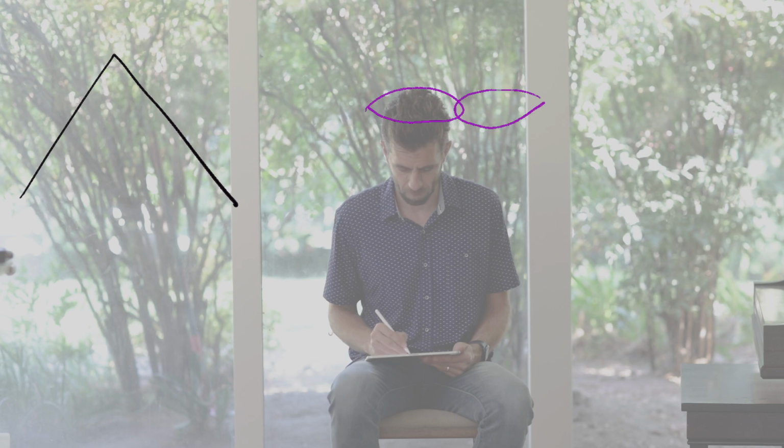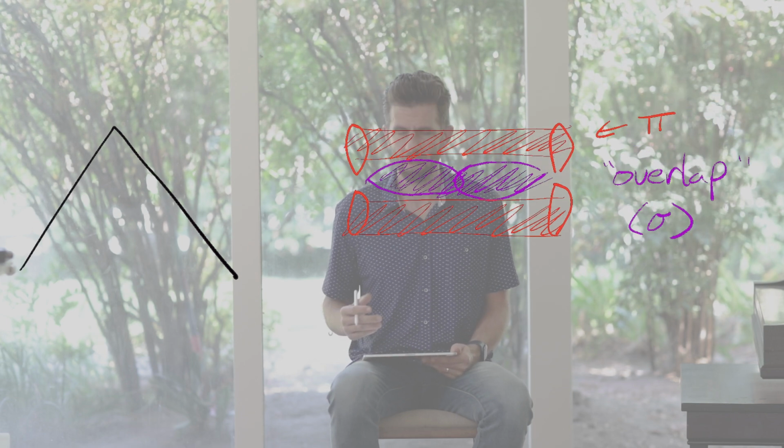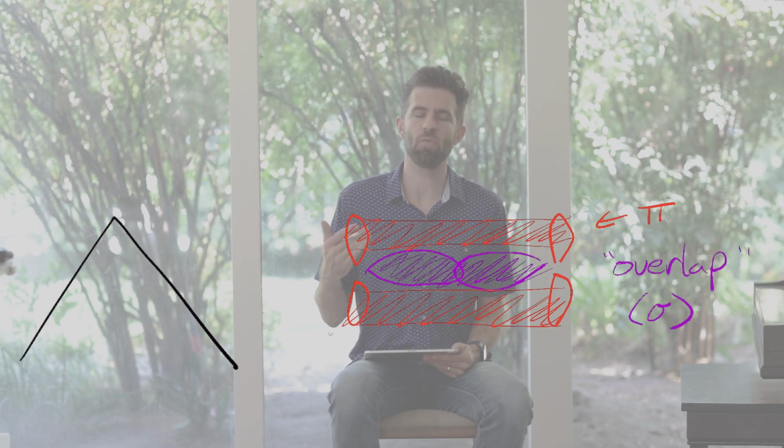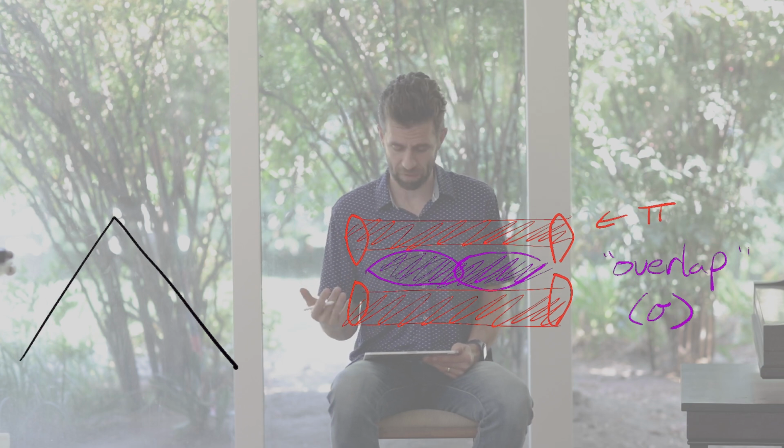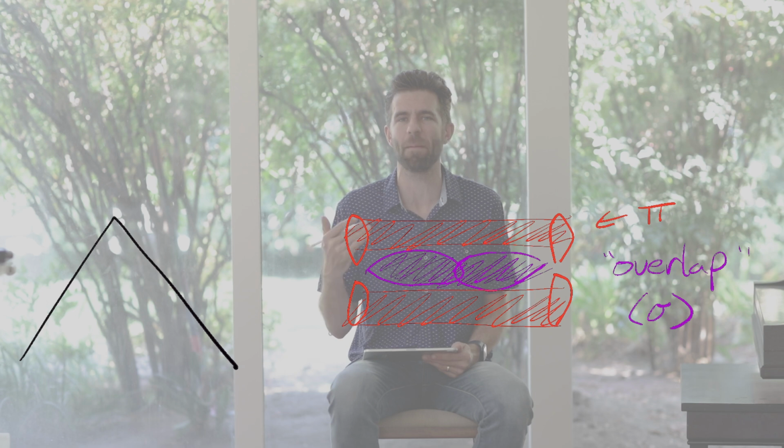Now, let's review. What does a pi bond or an alkene look like? Let's take a look. If we take two orbitals, like p orbitals for example, and they overlap each other horizontally, that's going to end up forming what we call a sigma bond. Sigma bond comes from that overlap.